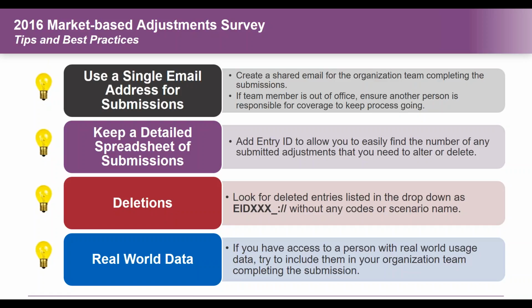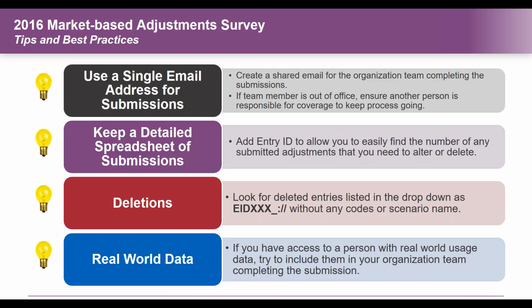Again, with the deletions, as I said, those are listed by the EID, and they don't have the scenario or the code, so definitely keep the EID in your list of submissions. Enter it in there as you enter in your adjustment and you get your email, and then just use that worksheet essentially as your workhorse for your MBR submissions.